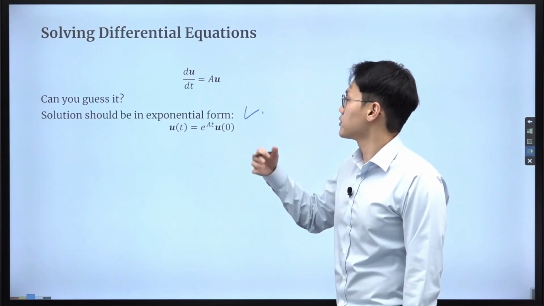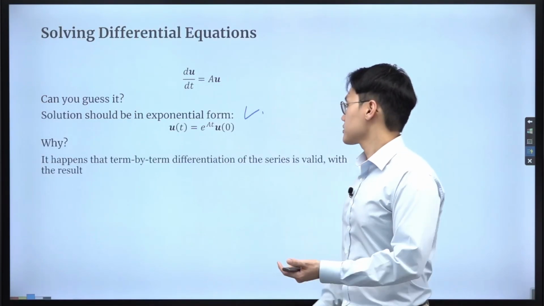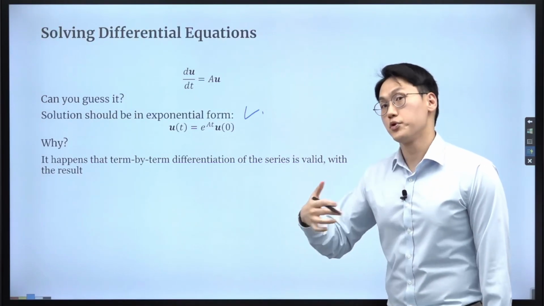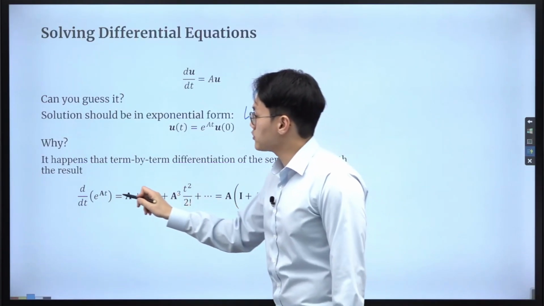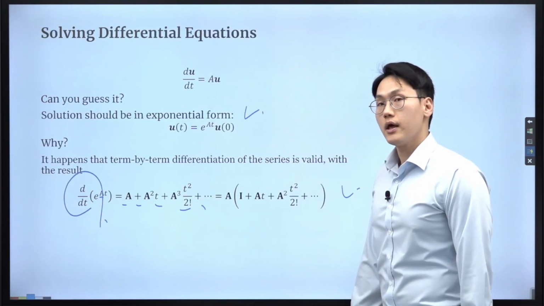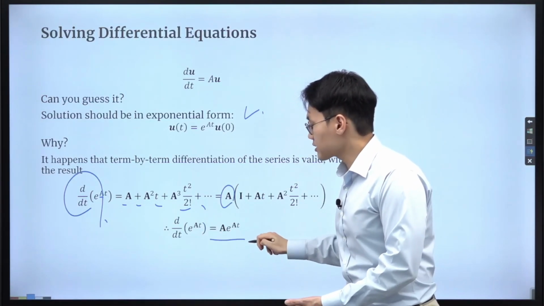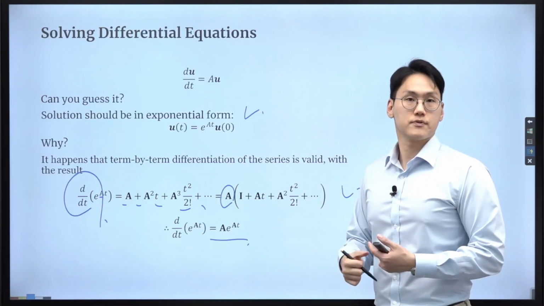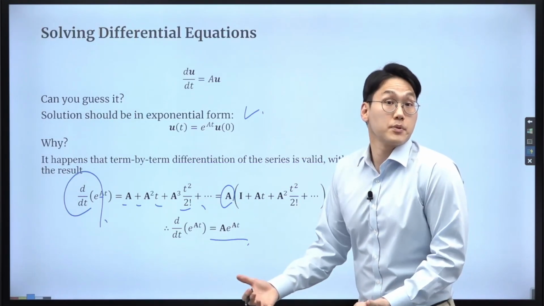It's actually going to be also given in an exponential form, right? And why is that? Because we already defined the exponential matrix using the power series. If you put the exponential matrix here and try to differentiate the terms one by one using the chain rule and group by the A, you realize it works like the typical differentiation as we did for the exponential function.